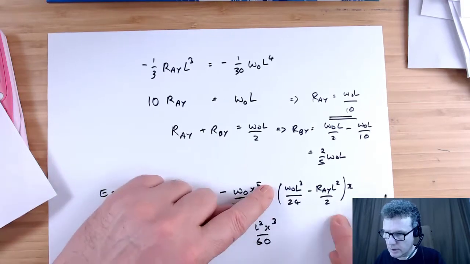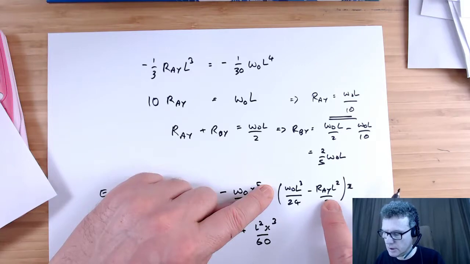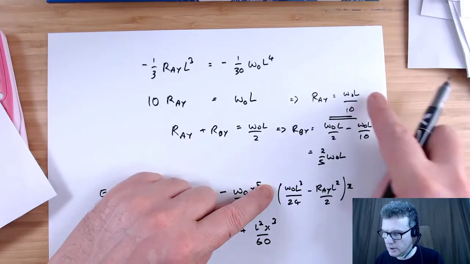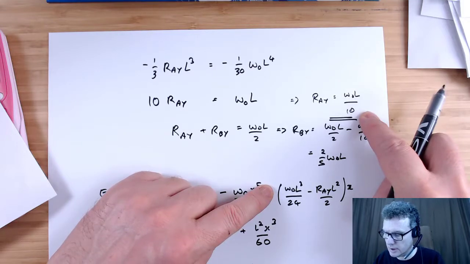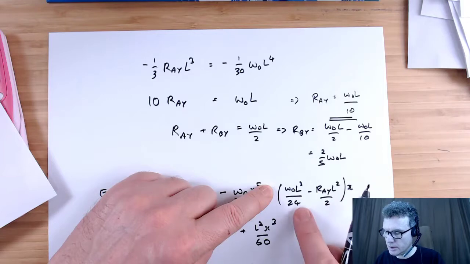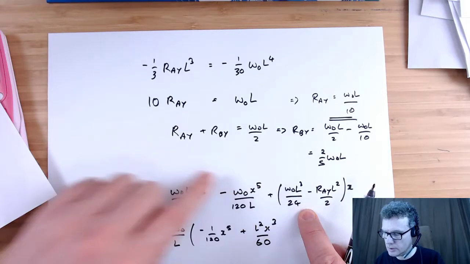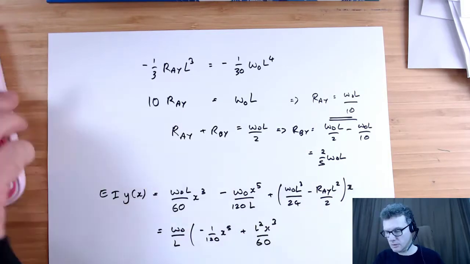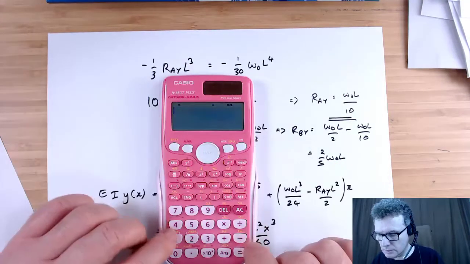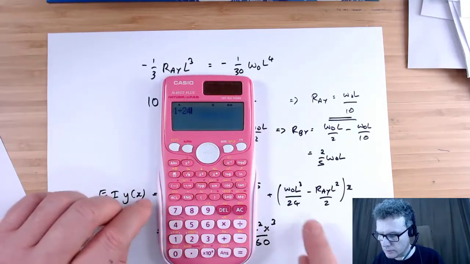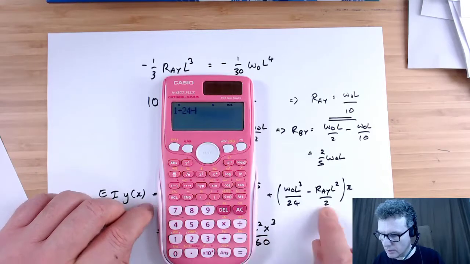Now this one here, I want to substitute in RAY is W0 L a tenth. So that would be 1/24 divided by 1/24, take away 1/20.